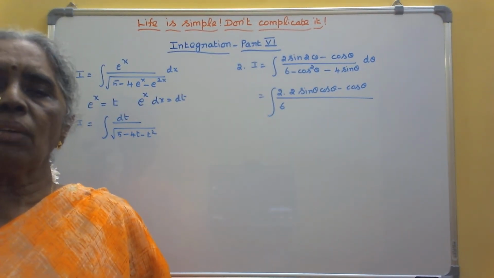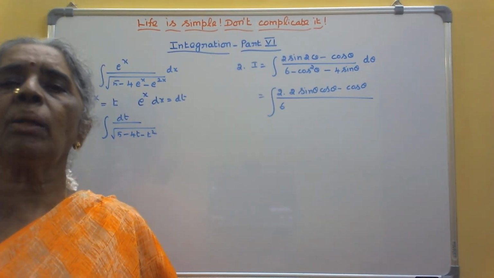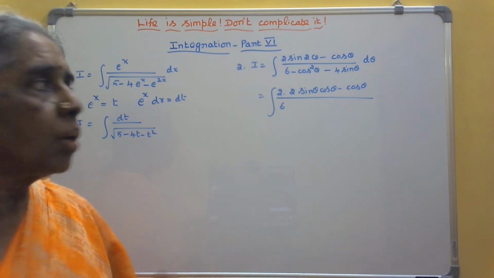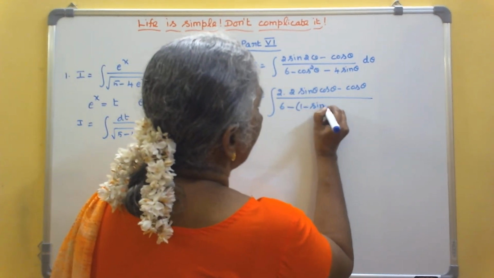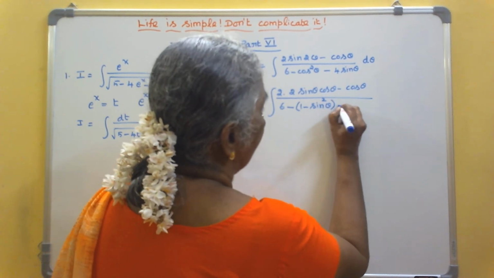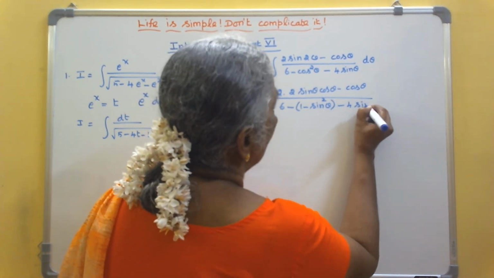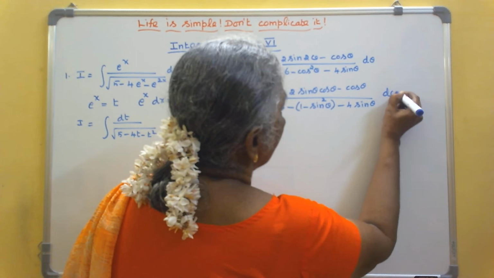So if I have sin squared theta only, it will be easy for me to substitute. So that cos squared theta I will write 1 minus sin squared theta minus 4 sin theta d theta.